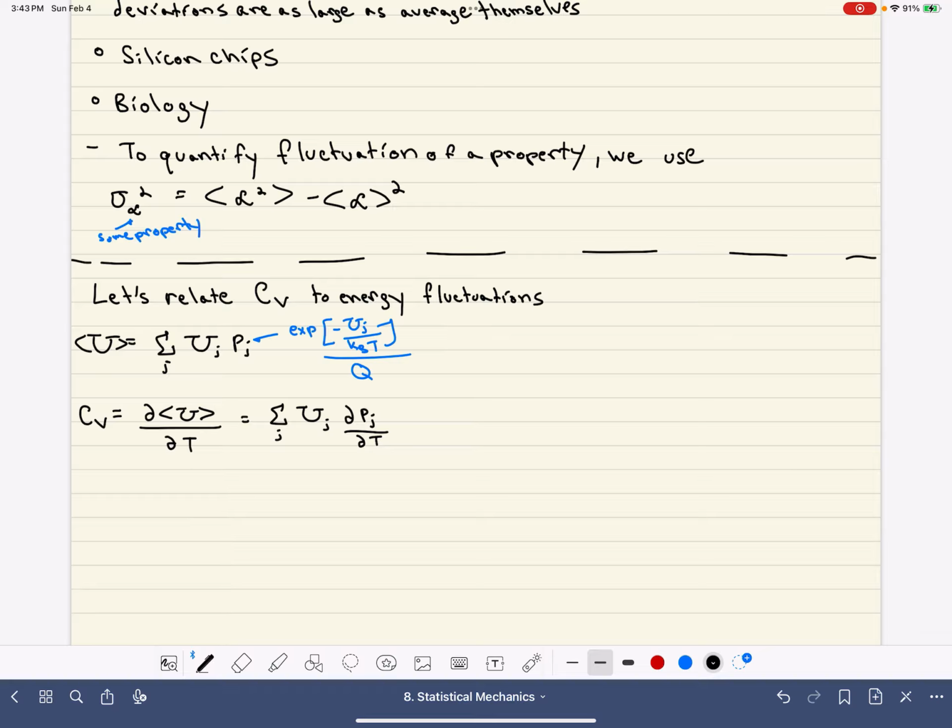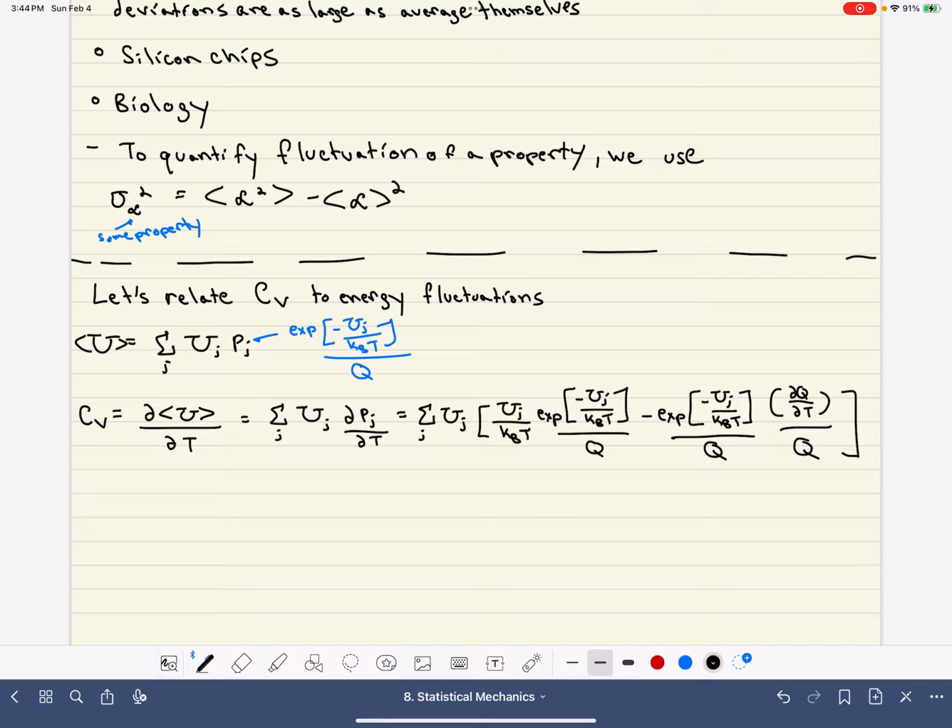If we expand this out, we get Uj. Then if we take the derivative of this with respect to temperature, we get the following, put in brackets to clean it up, divided by, or minus, exponential over kBT over Q, dQ/dT.